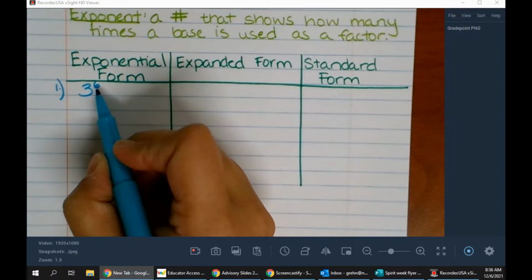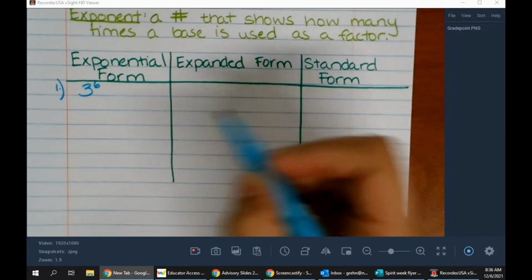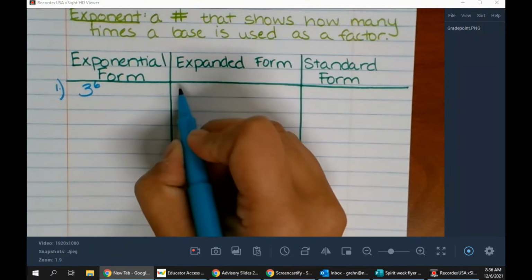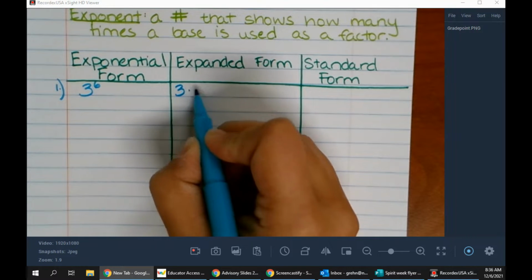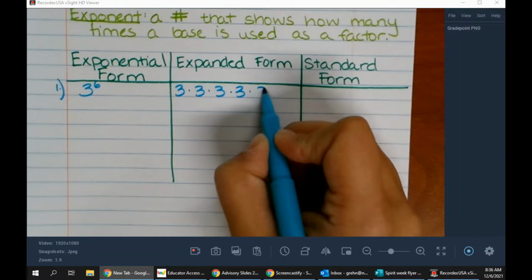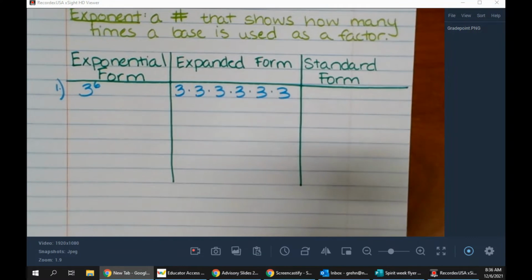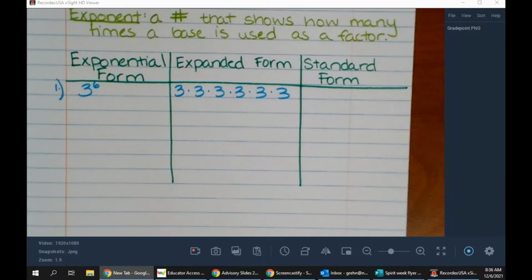So in this case, the 6 tells us that we're going to repeatedly multiply the 3 over and over again 6 times. So that would be 3 times 3 times 3 times 3 times 3 times 3. So I have 1, 2, 3, 4, 5, 6 threes. So that's called expanded form.